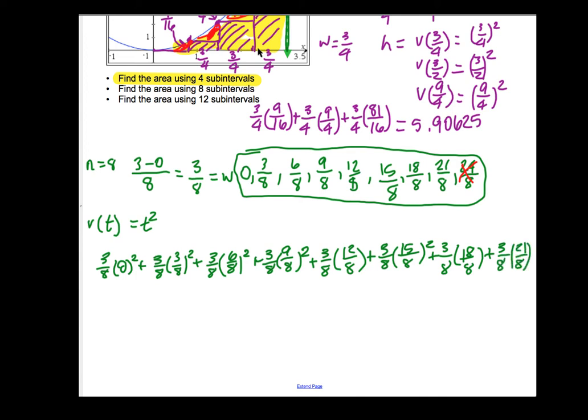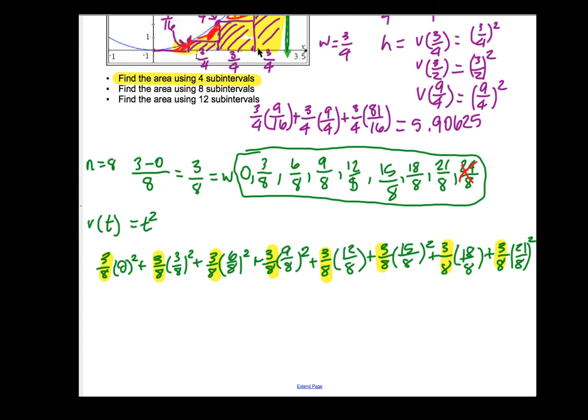Okay, now real quick, notice, and this might make it easier on you also when you're doing your math. Notice that we've got a 3/8 in each piece. So one of the little tricks that we can do is to make it less to punch into your calculator, because you'll want to do that just to double check yourself.